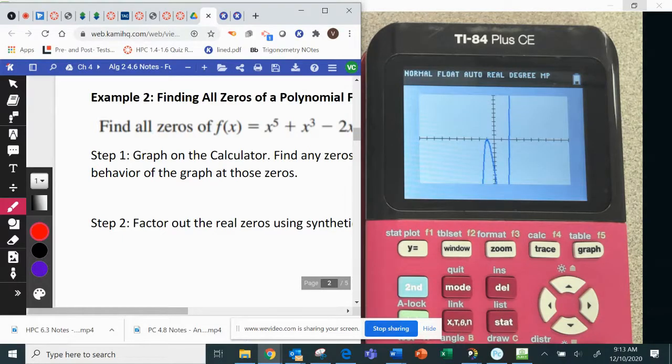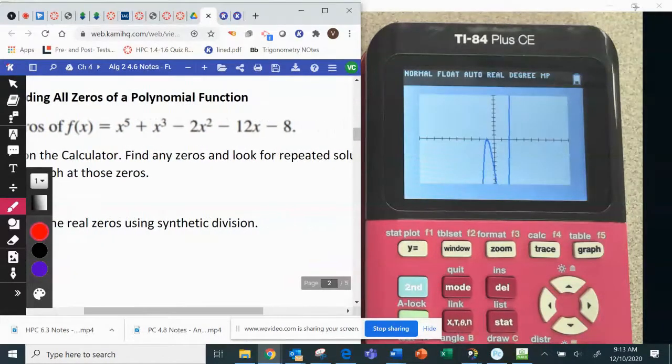Why don't you start typing that in, and I'll make sure you can see the equation. It's just being slow. Have you got it wrapped? Did you get yours wrapped yet? That's the assignment.